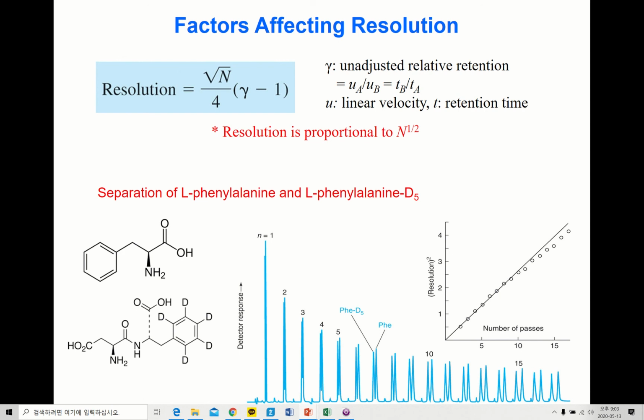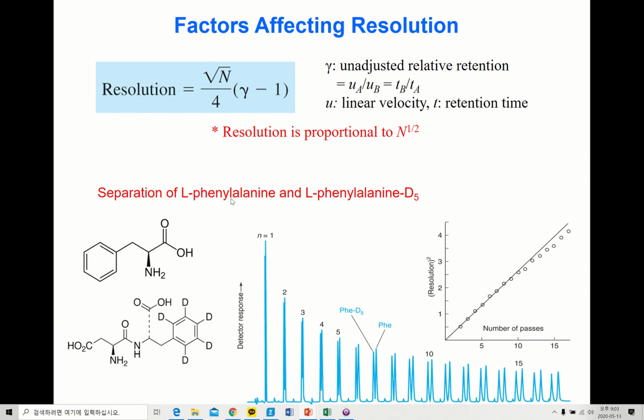If you want to increase it 5 times, then at least 25 measurements are necessary. Here the concept is the same. Resolution is proportional to the square root of n, where n is the number of plates. Here is a good example.